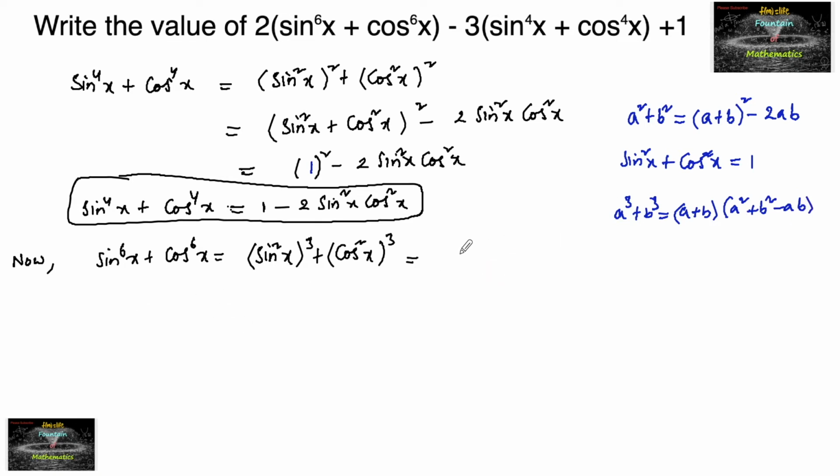So we can write a plus b, that is sin square x plus cos square x, into sin square x whole square, that is sin power 4x, plus cos square x whole square, that is cos power 4x, minus a into b, that is sin square x into cos square x.